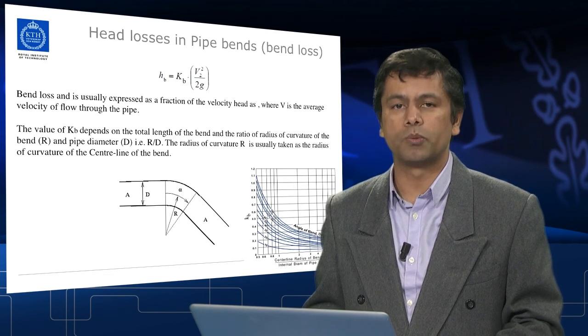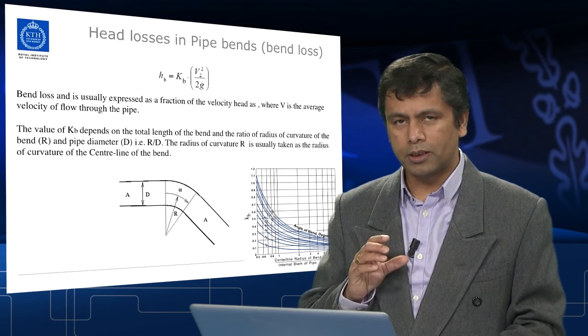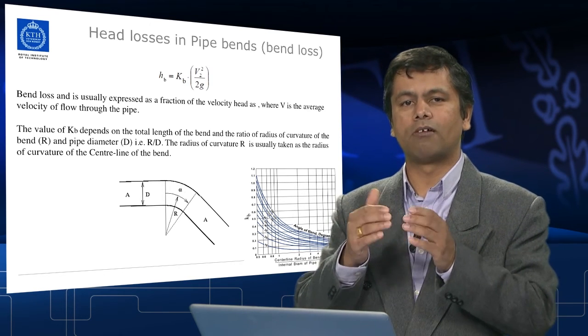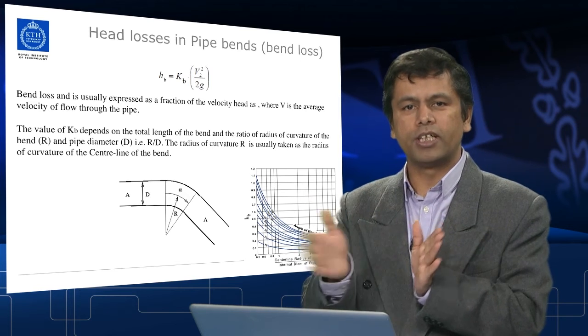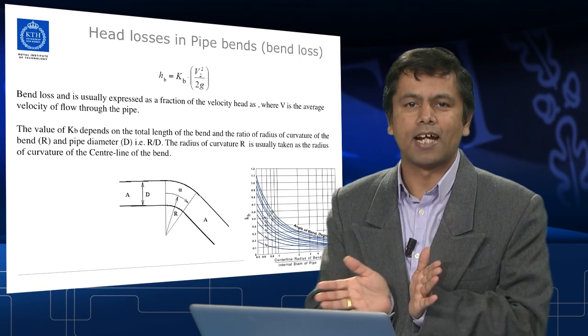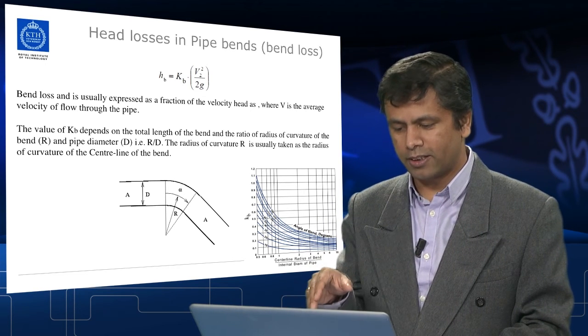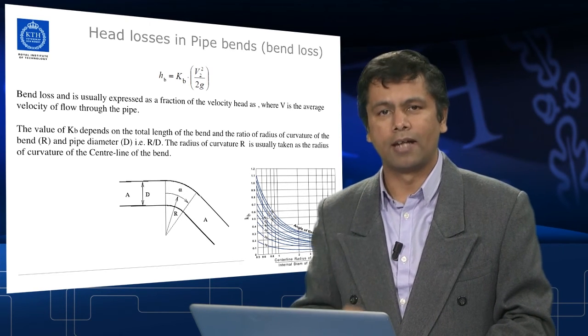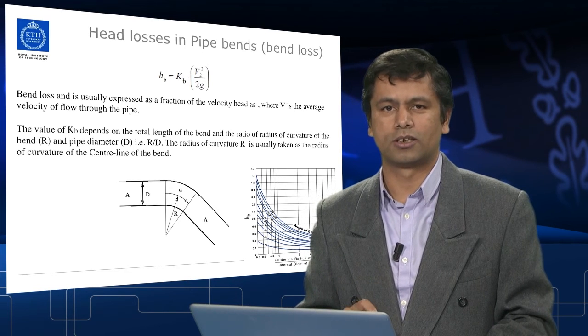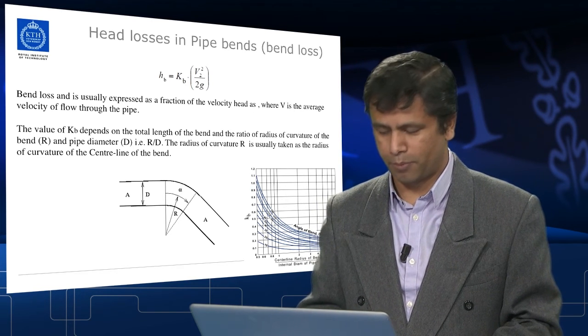You can put it, but there will be high head loss. So it is recommended to break down the bends into three sections at least, so that you have a greater radius in the bend and less loss due to this bend provision.